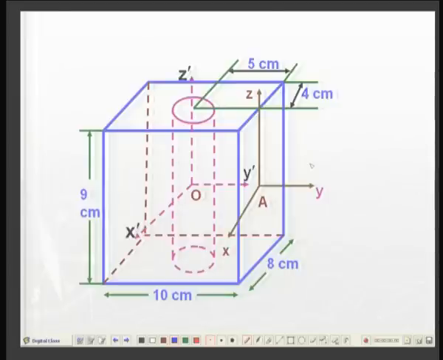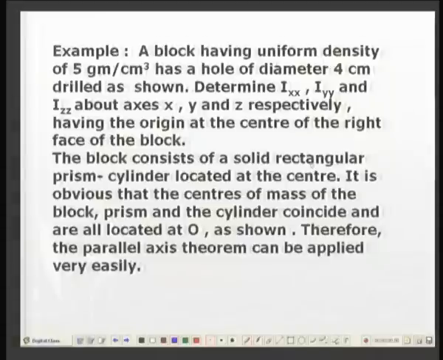So, go back to the problem. A block having a uniform density of 5 grams per centimeter cube has a hole of diameter 4 centimeter drilled as shown. So, we have already seen. Determine Ixx, Iyy and Izz about xyz respectively, having the origin at the center of the right face of the block. Okay.